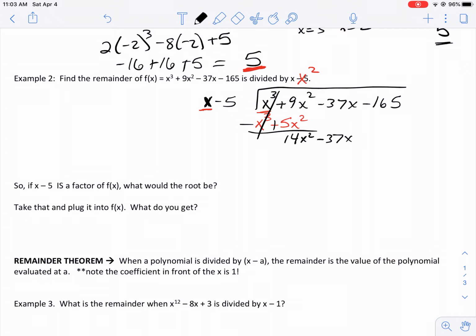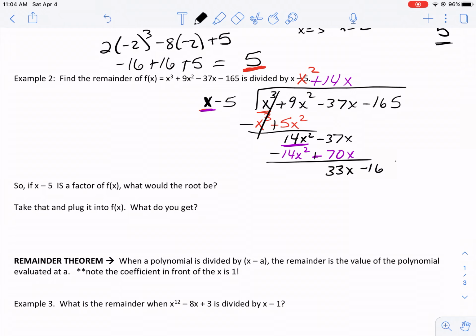Bring down the negative 37x. What do I multiply x by to get 14x squared? Positive 14x. So that gives me 14x squared minus 70x. Change the signs, combine the terms, and we're going to get 33x.